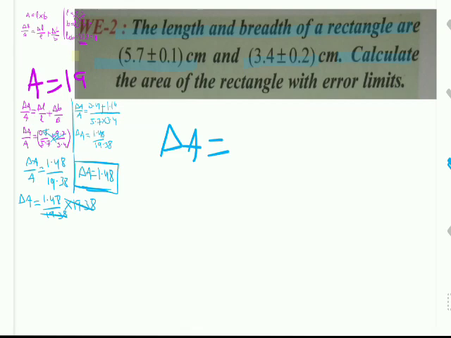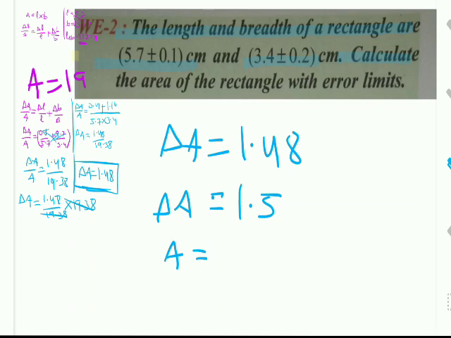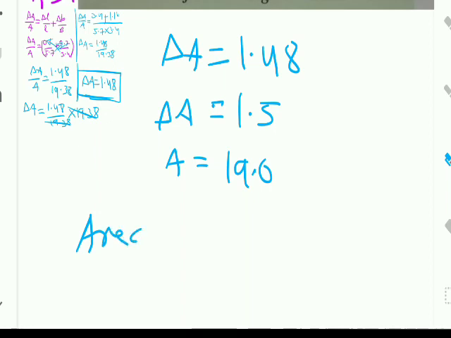Arranging to two significant figures, delta A is 1.5. The area is 19.0 plus or minus 1.5.